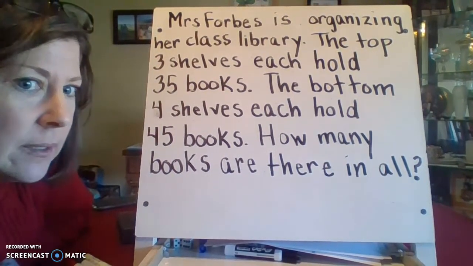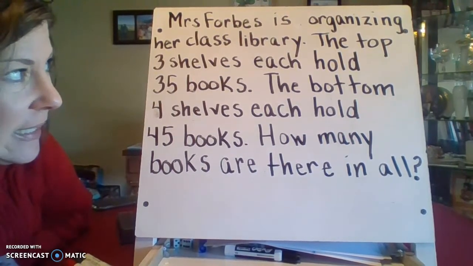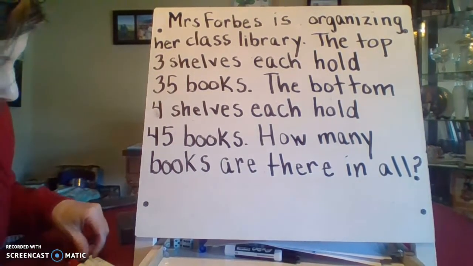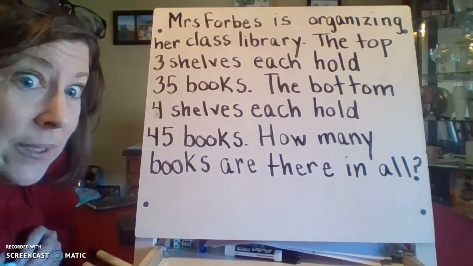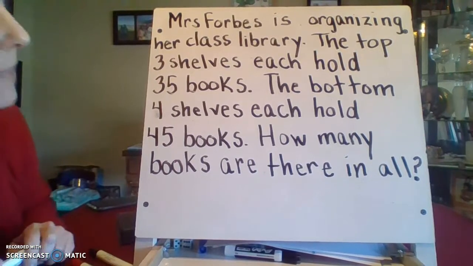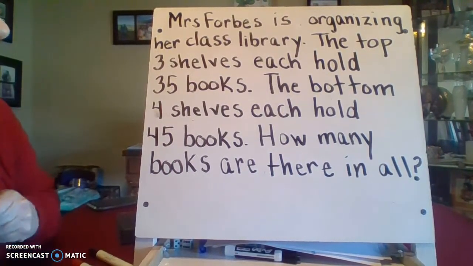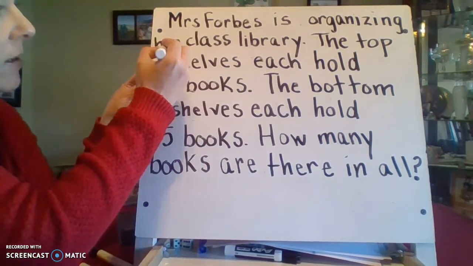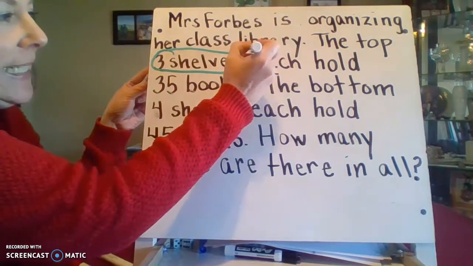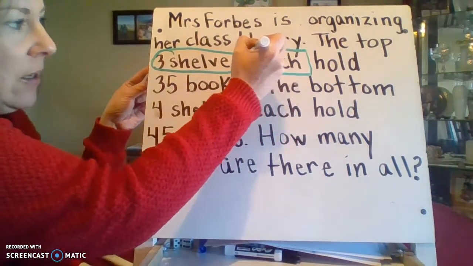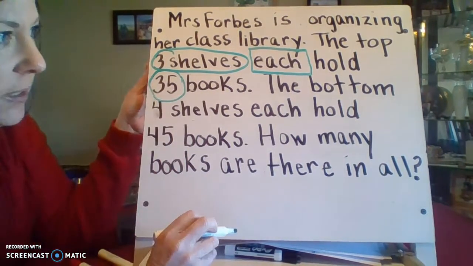There's a lot of clue words in there. I'm going to read it again, and I'm going to clue in on those clue words. Mrs. Forbes is organizing her class library. The top three shelves each hold 35 books.